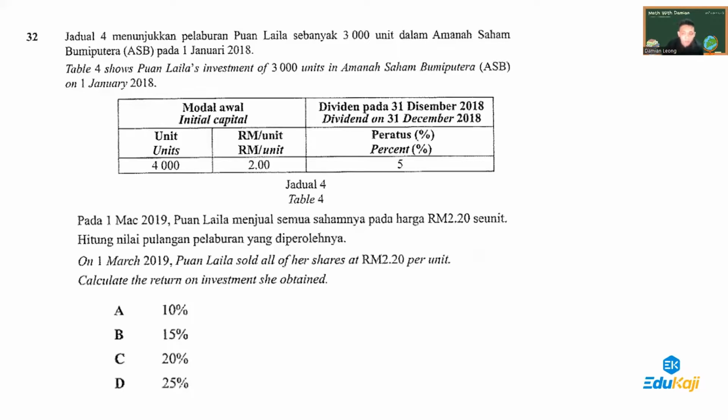32. This investment of 3,000 units in Amanah Saham Bumiputra on 1st of January 2018. Then this is the dividend in the 31st December. So on 1st of March 2019, Puan Leila sold all of her shares at 2 ringgit 20 cents per unit. Calculate the return on investment she obtained.